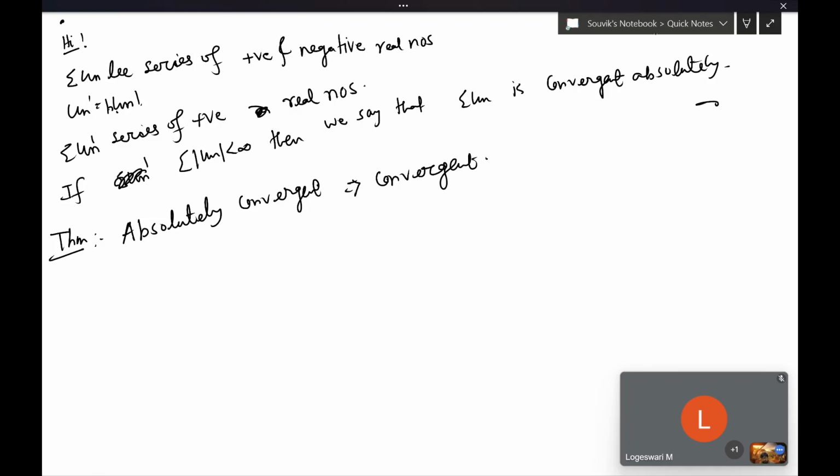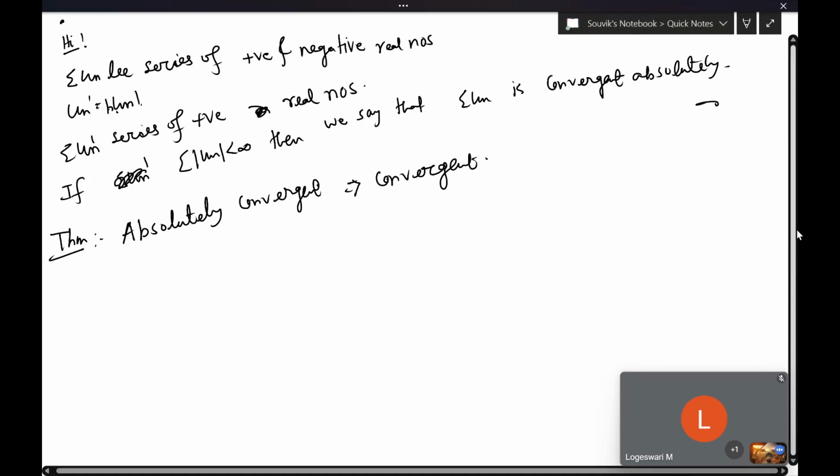So this is one way of showing a series having both positive and negative terms is convergent. If you can show that the series is absolutely convergent, then the series is convergent.